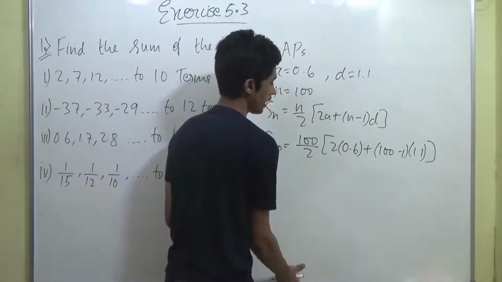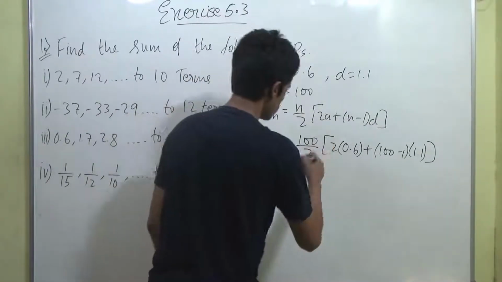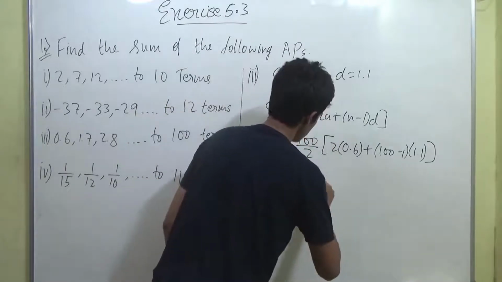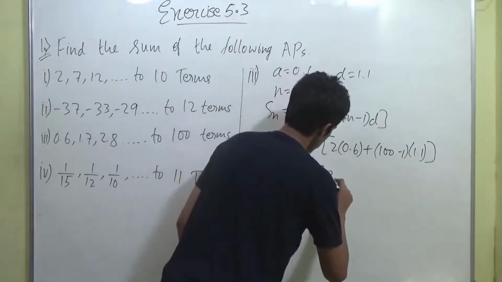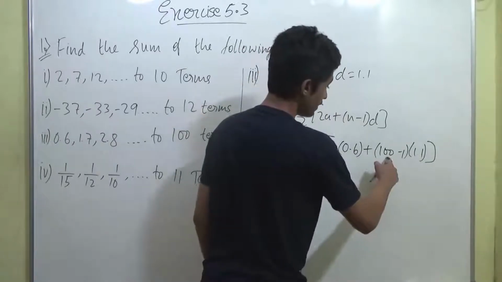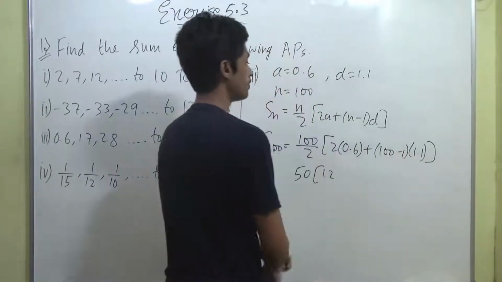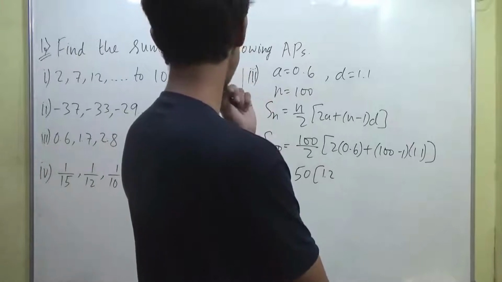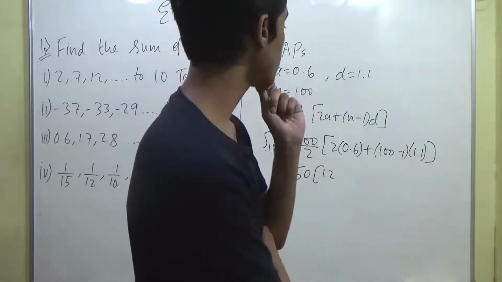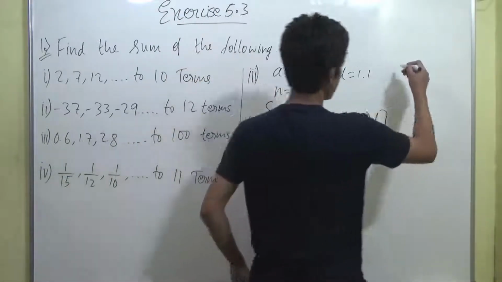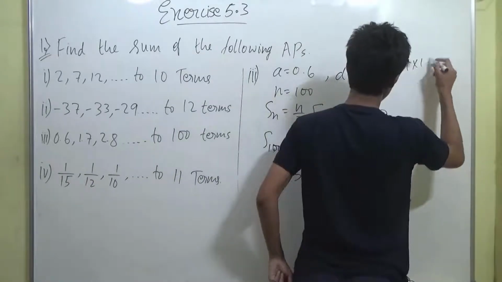Now let me calculate this. This is going to become equal to 50. 100 by 2 is 50, and this is 1.2, and this one becomes 99 into 1.1. So let me do it here guys once. 99 into 1.1.